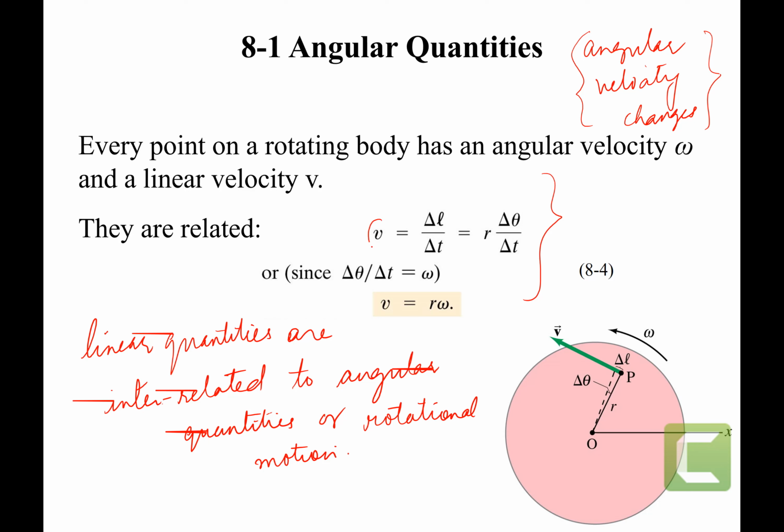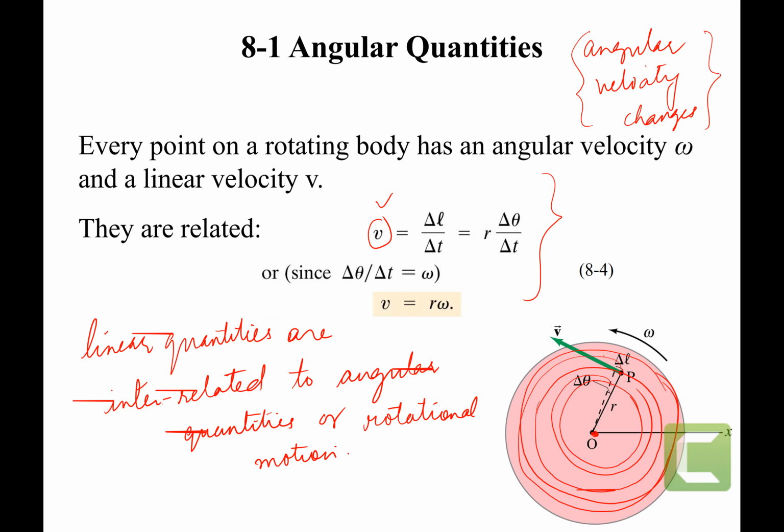So we have v as the linear velocity. If an object is moving in a circle, for example this compact rotating disk in the computer, nowadays we don't use them, but think about floppy disks, or the disks you used to watch movies on.